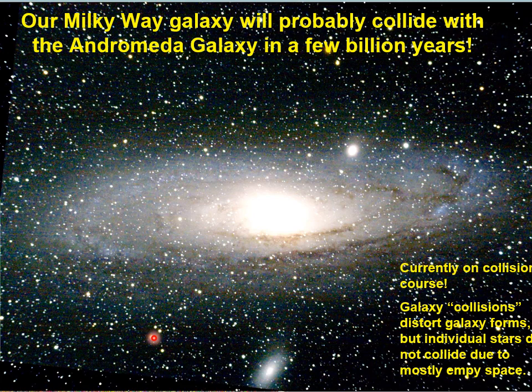They will be distorted in shape and disrupted. We won't have the nice spiral arms anymore, for example. However, the individual stars, remember, in these galaxies will not be affected. So, for example, our solar system will most likely be completely unharmed by the merger with the Andromeda galaxy, because its stars will not collide with our stars during the merger.